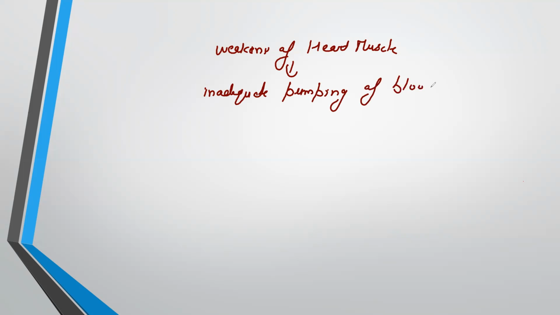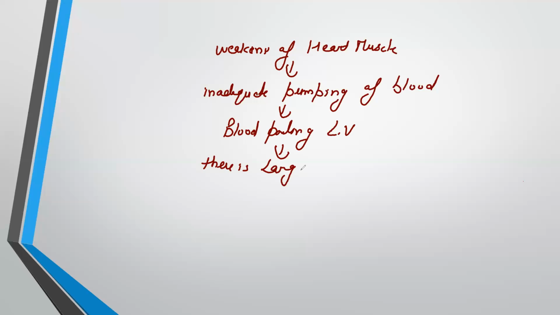Because the heart muscles are weak, blood will pool in the left ventricle, and there is a large amount of blood in the left ventricle that leads to reduced cardiac output.